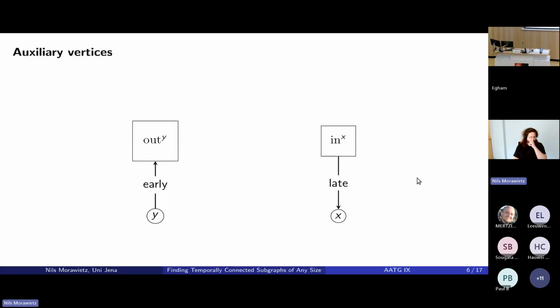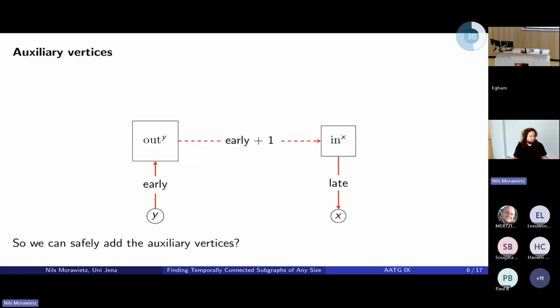And if these 2 vertices are adjacent in the clique instance, then we add an early plus 1 path edge from this out to this in vertex so that we can go early to the out vertex, slightly later to the in vertex of x, and then very late to the x vertex. So we enable a path going from y to x. So this is safe to take these vertices in our solution, right?